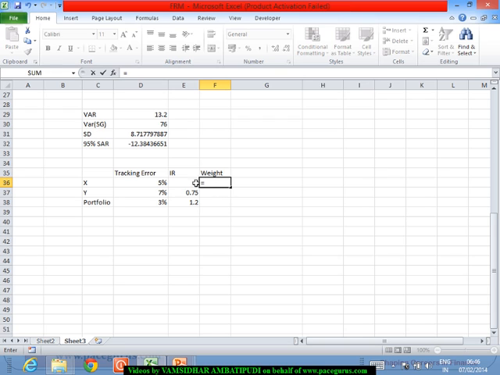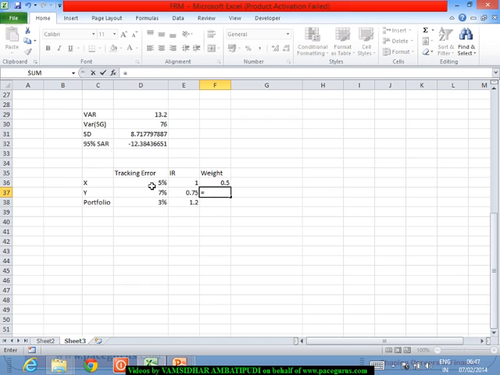We said information ratio of the manager multiplied by the tracking error of the portfolio, let's say 3%, divided by information ratio of the portfolio multiplied by the tracking error of the manager. So it's coming out almost 50% as the weightage to this portfolio.